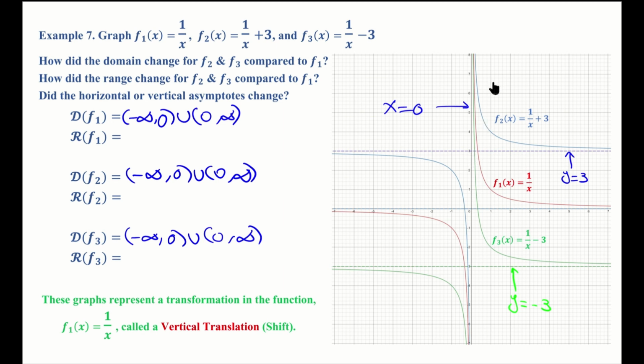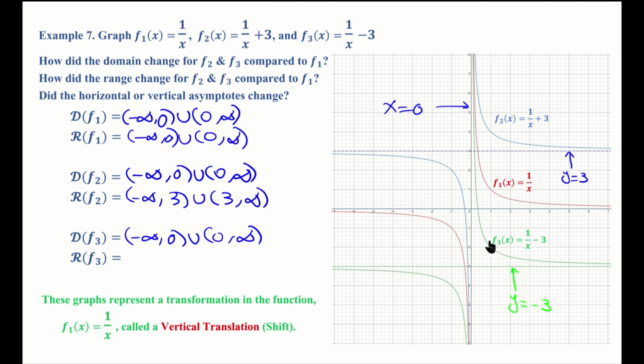So for f1, which is the original red graph, we know that the range is negative infinity to 0 union 0 to infinity. But for f2, it's going to be all y values except 3. So it's going to be negative infinity to 3 union 3 to infinity.